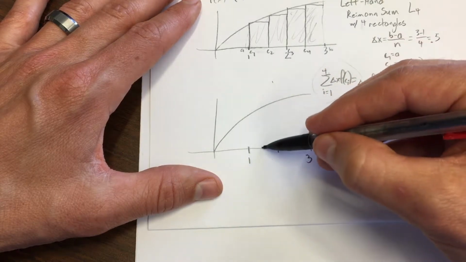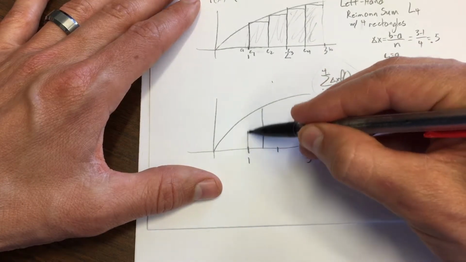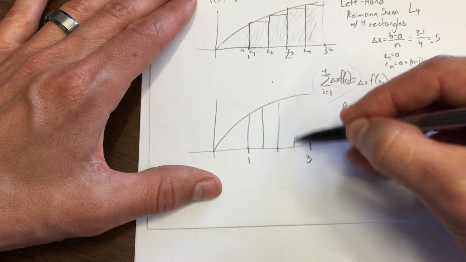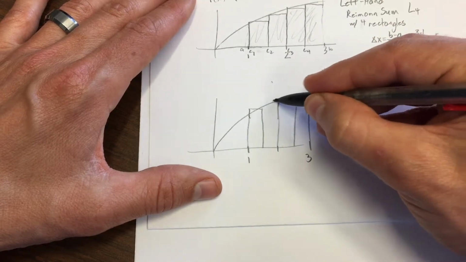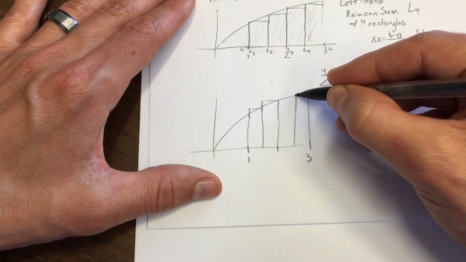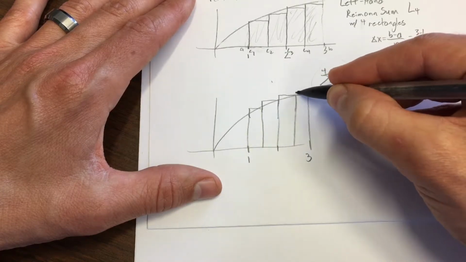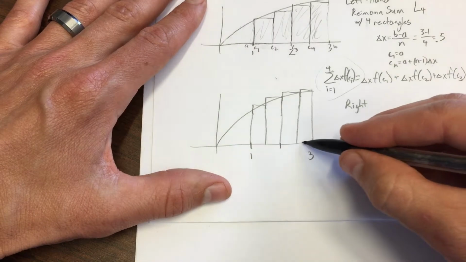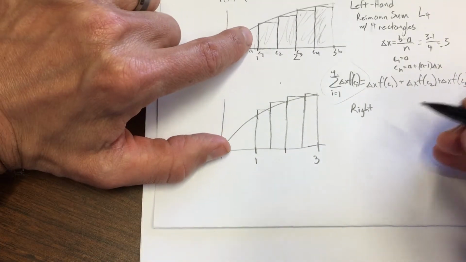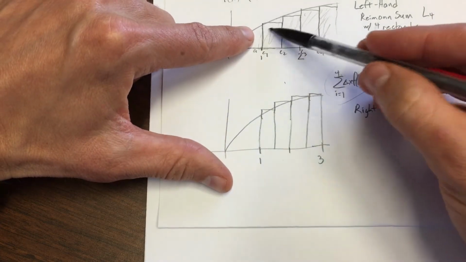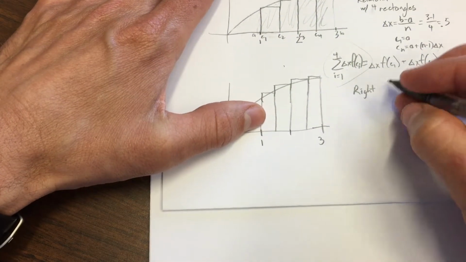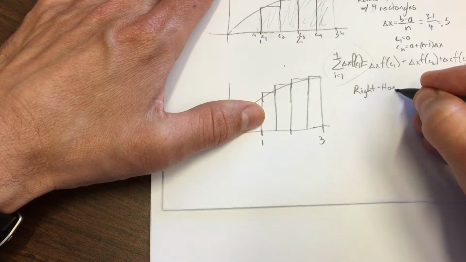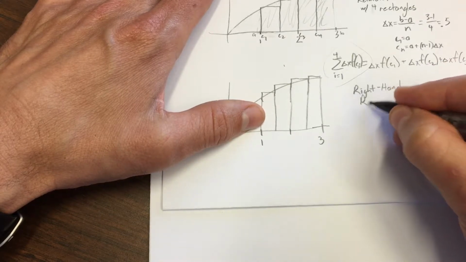Let's just take the same sort of rectangular pieces, but at each piece, we'll just use the height at the right side of the rectangle. So, whereas here, you'd be having a little gap above your rectangles, here, you could say this is a right-hand Riemann sum.